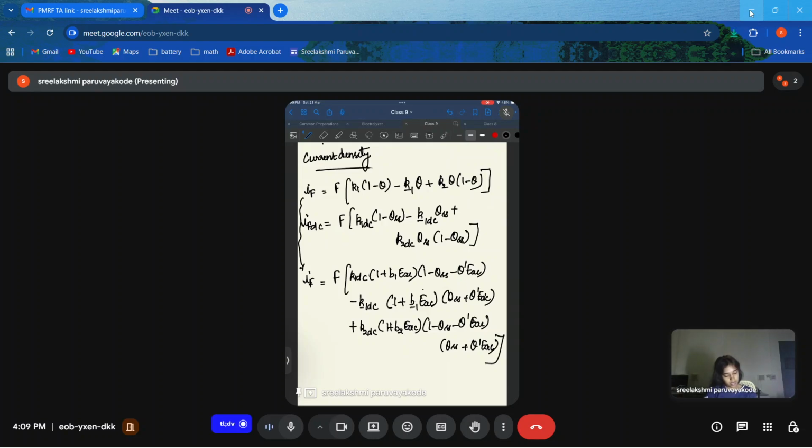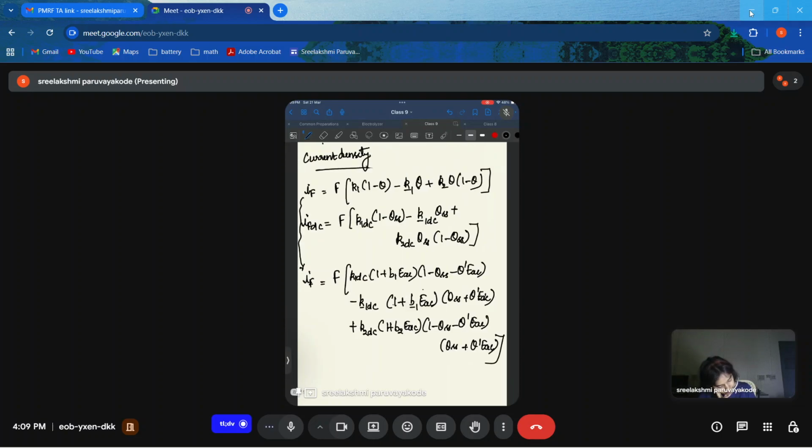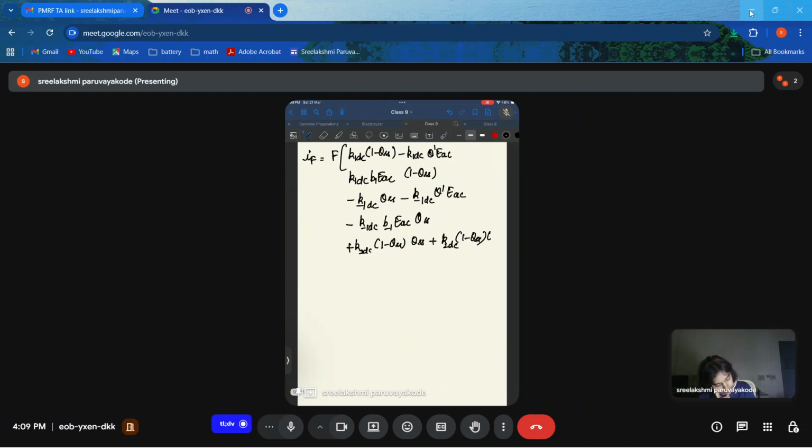Now from the next term, K2 DC 1 minus theta SS into theta SS. Plus K2 DC 1 minus theta SS theta dash EAC.